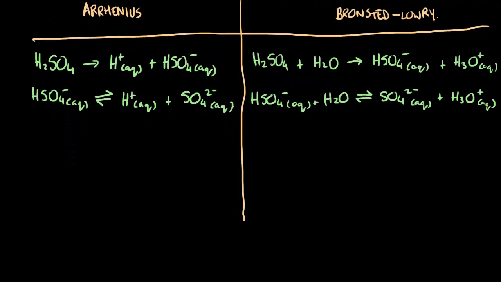So according to Arrhenius theory, our H3PO4 is going to ionize to make H+. I hope that you remembered to include a reversible arrow because phosphoric acid is a weak acid, and it would make hydrogen ions plus dihydrogen phosphate.